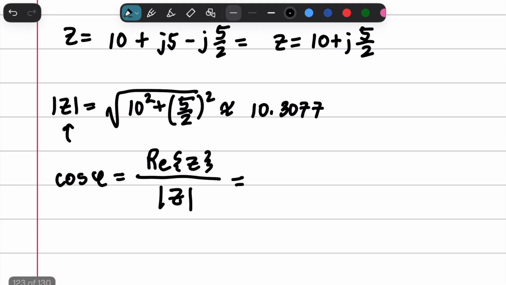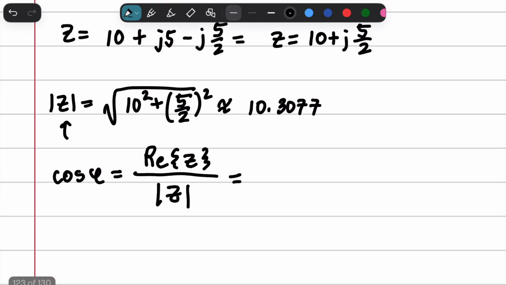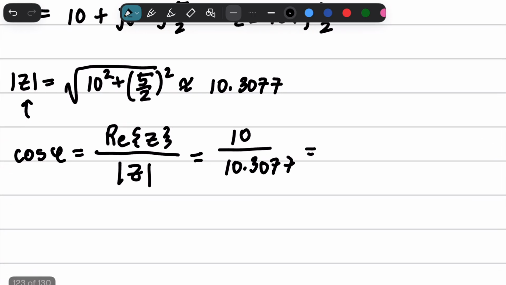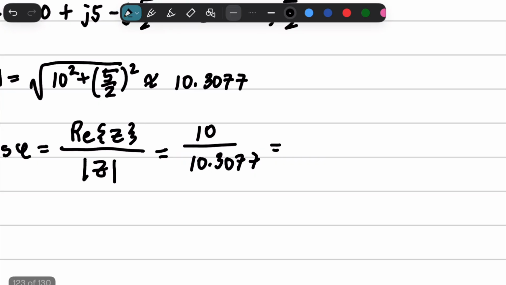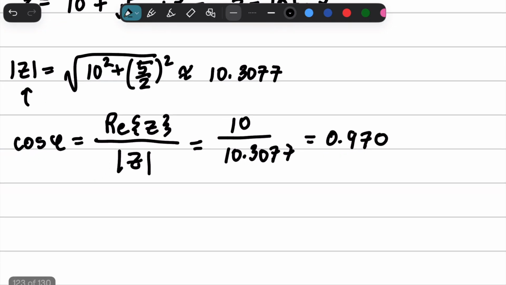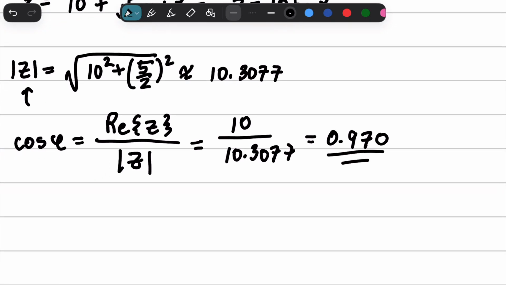And we know what the real part of the impedance is. It's just 10. So we have 10 over 10.3077. And that is going to equal 0.970. And this is what this number is saying, it's the power factor.